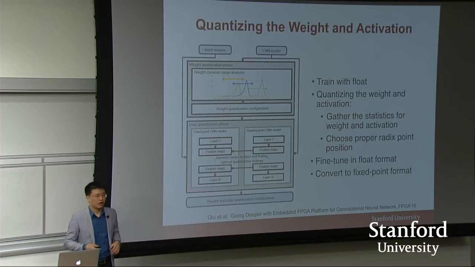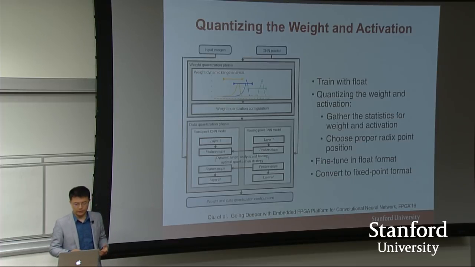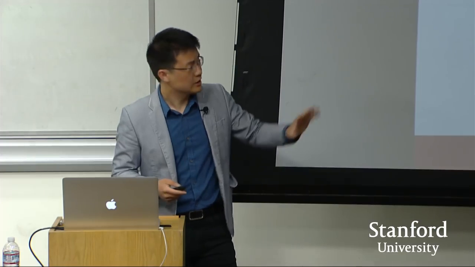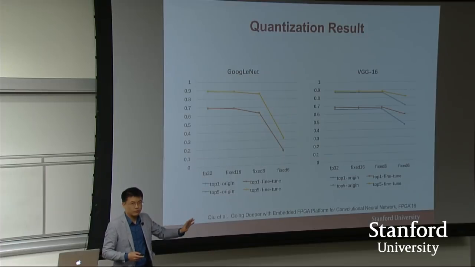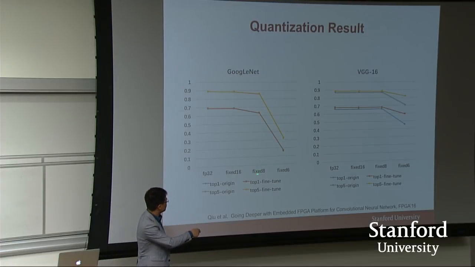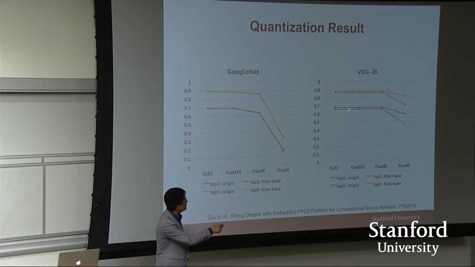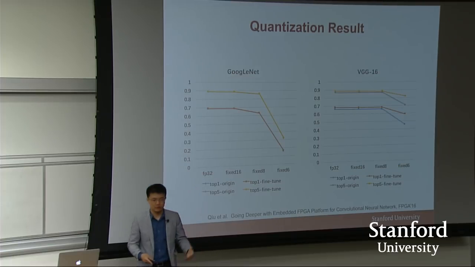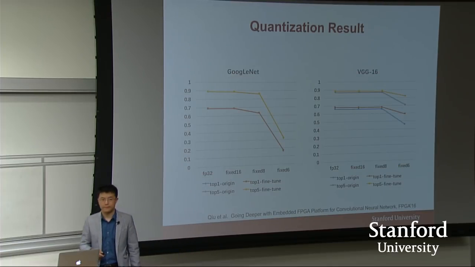There are lots of different ideas to get better accuracy. And this is the result for the number of bits versus accuracy. For example, using fixed 8-bit, the accuracy for GoogleNet doesn't drop significantly. And for VGG16, it also remains pretty good. Well, if you go down to 6-bit, the accuracy begins to drop pretty dramatically.